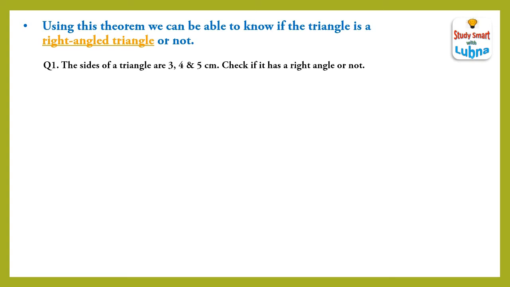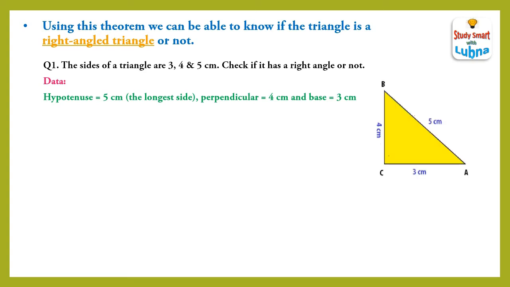If the triangle is right angle, it must follow the Pythagoras theorem. The data given is hypotenuse equals 5 centimeter, that is the longest side, perpendicular equals 4 centimeter and base equals 3 centimeter. We can also represent this through this figure. Hypotenuse 5 centimeter, the longest side, perpendicular 4 centimeter and base 3 centimeter.